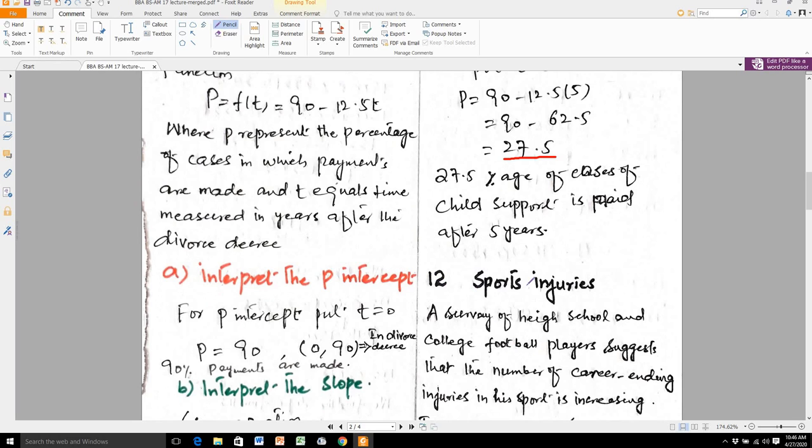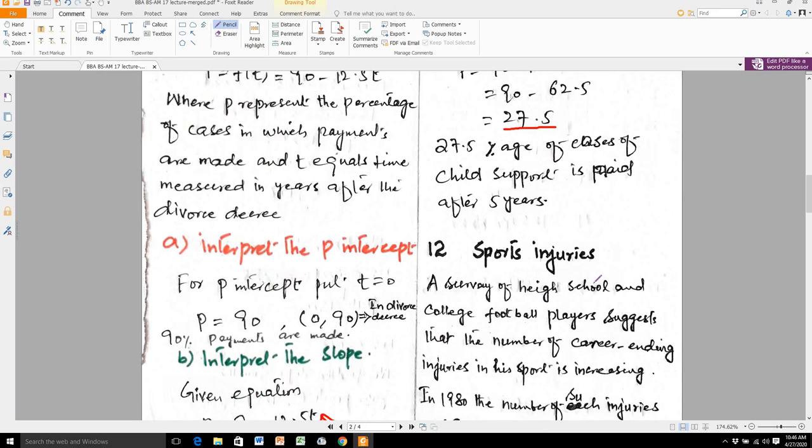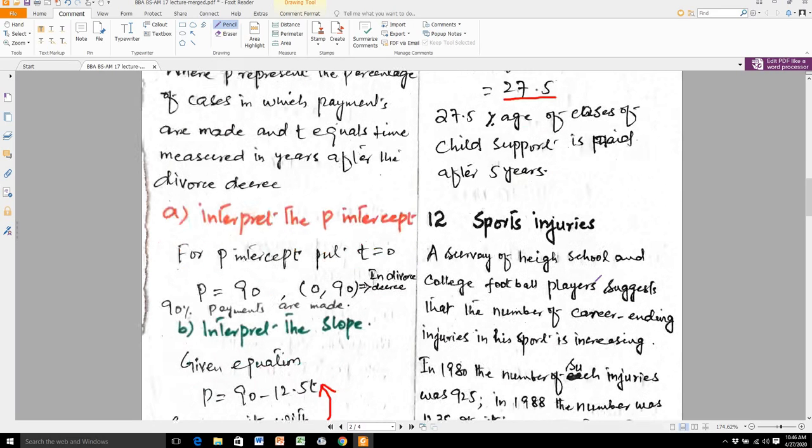Question number 12 is sports injuries. These are injuries that we get during sports in college and school life. They made a survey on this using the application of linear function, and how you can express your activities in linear functions.